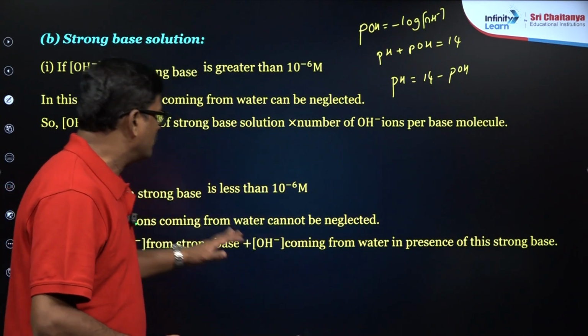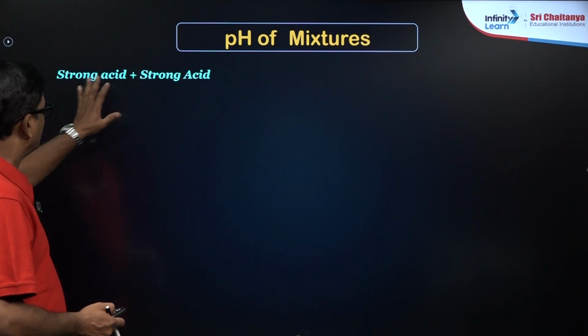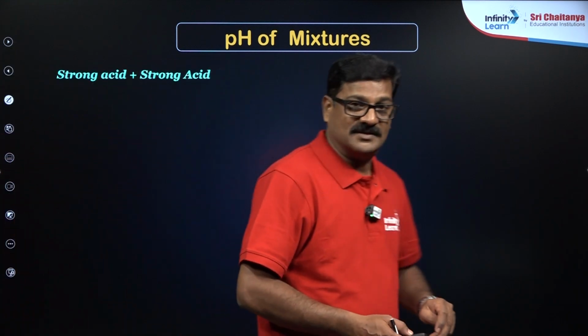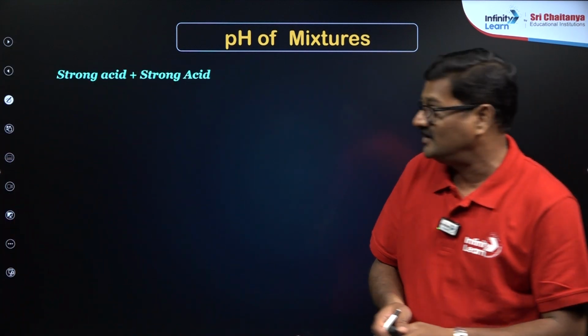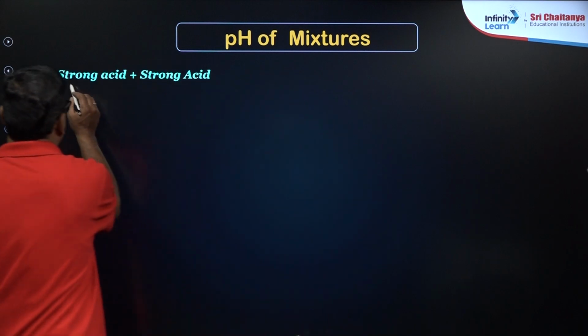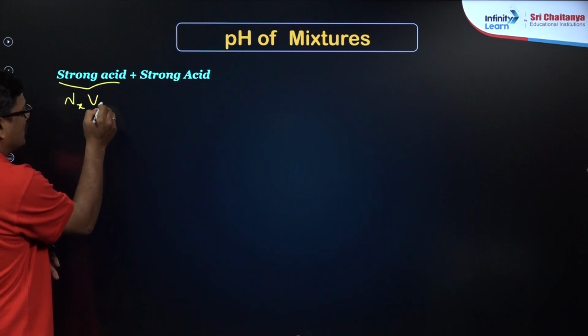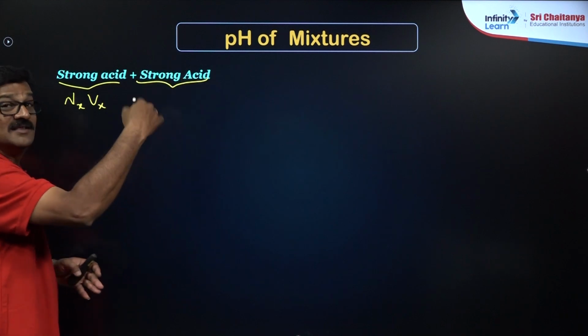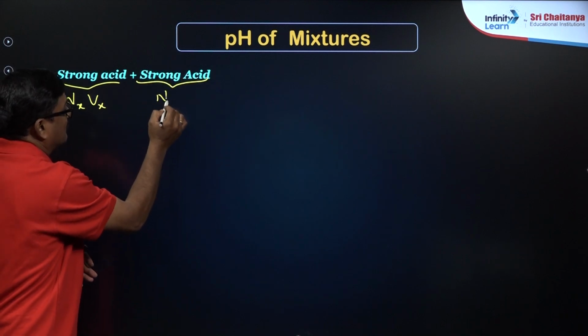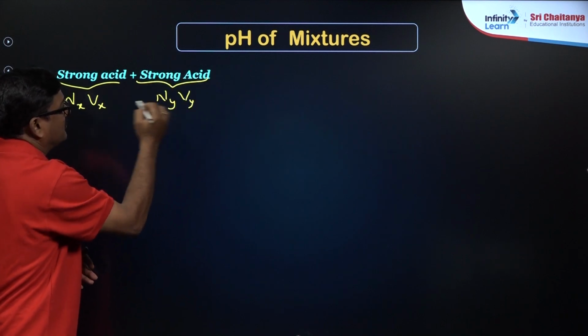So let us talk about a mixture of two strong acids. Let us say the normality of one strong acid is Nx and its volume is Vx, and the normality of another strong acid is Ny and its volume is Vy.